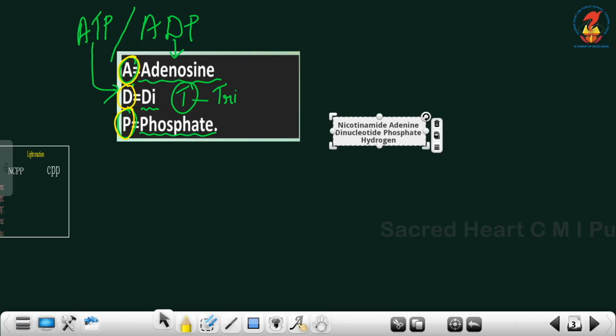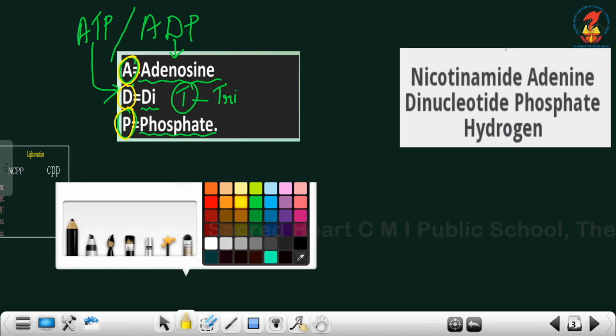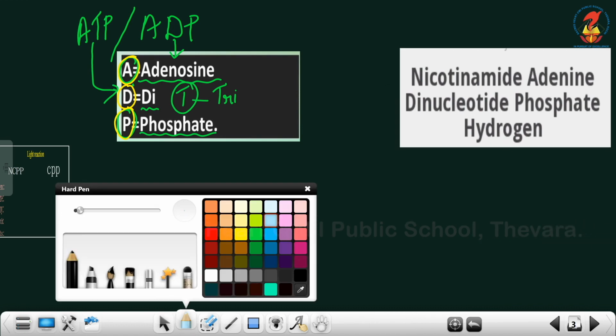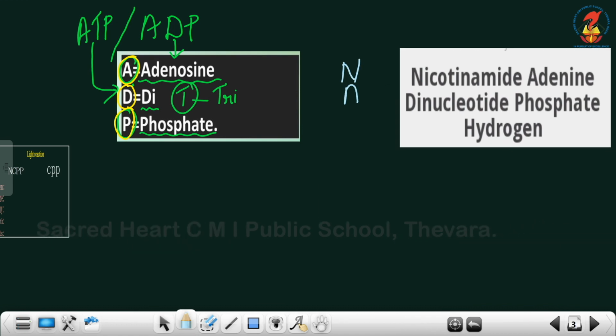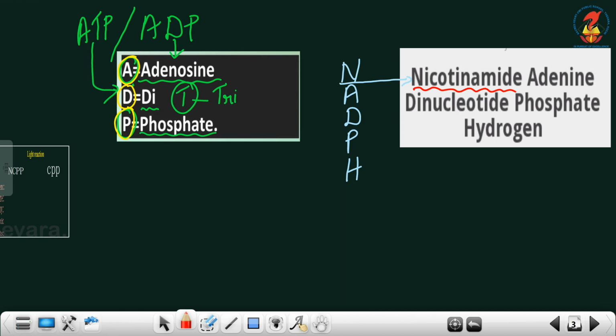At the same time, I told you about another energy molecule. The other energy molecule is NADPH. N stands for nicotinamide, A stands for adenine, D stands for dinucleotide, P stands for phosphate and H stands for hydrogen.